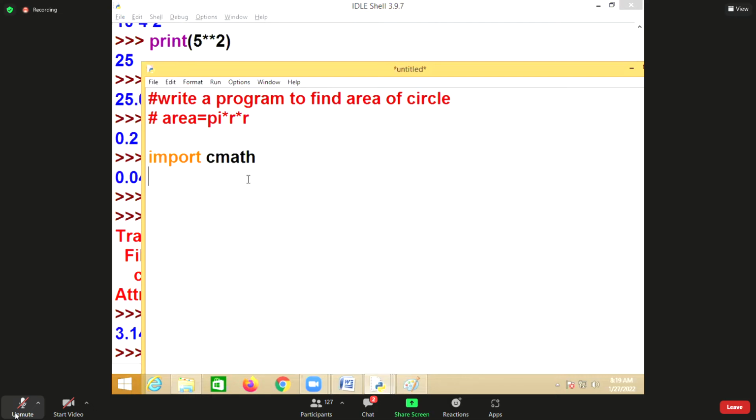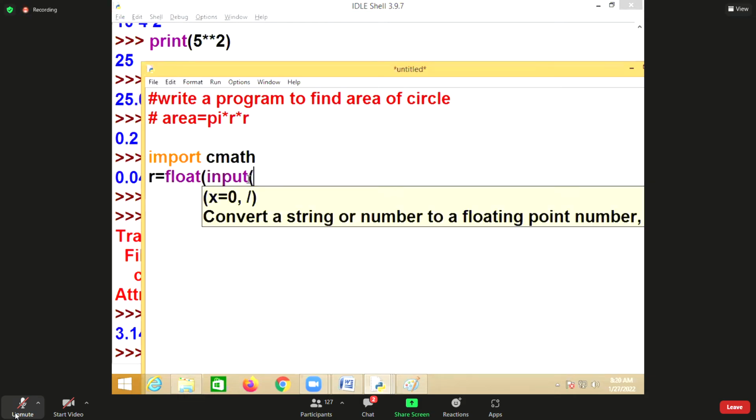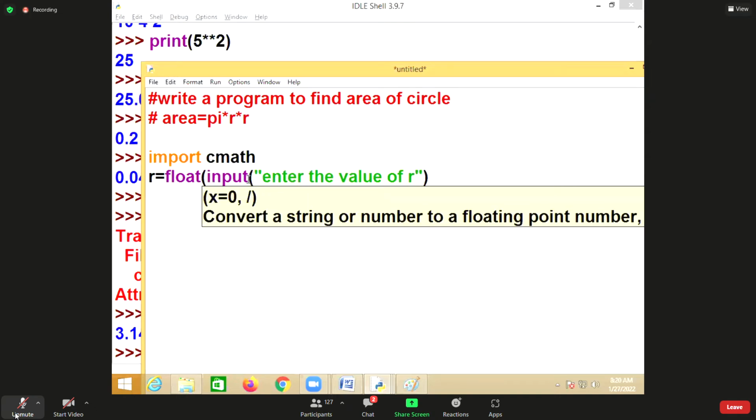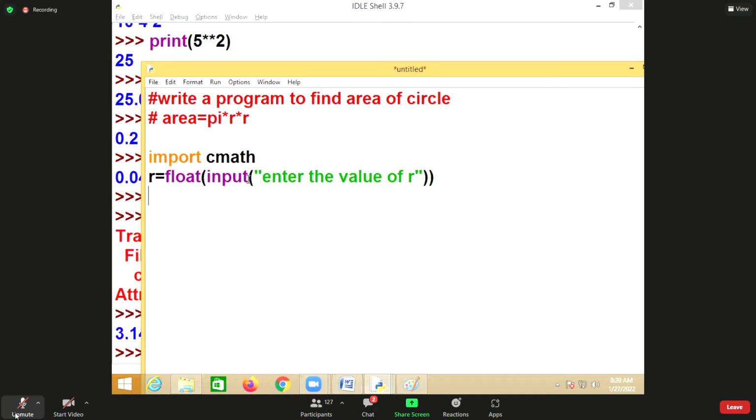Okay. After that, I try to input the value of r. So r is nothing but the radius. Enter the value of r. Input the r value.